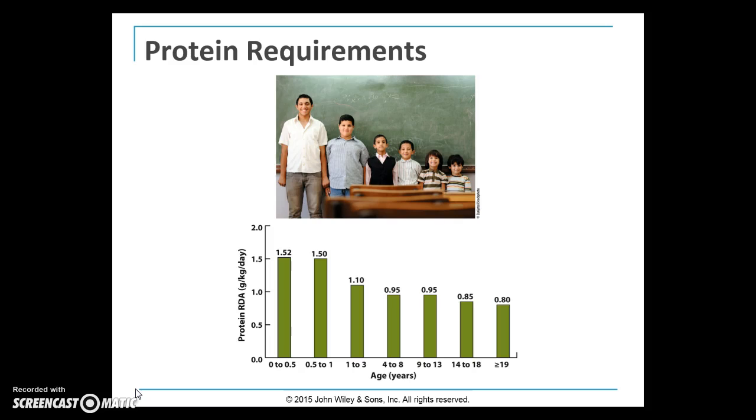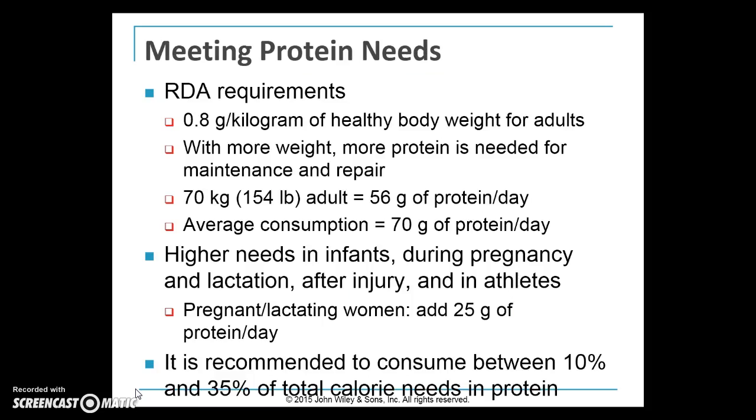The RDA is 0.8 grams per kilogram of healthy body weight for adults. With more weight, more protein may be needed for maintenance and repair. So a 70 kilogram adult needs about 56 grams of protein a day.